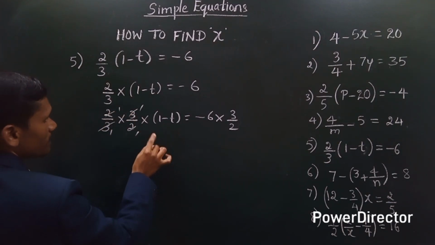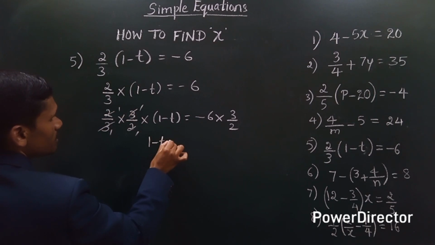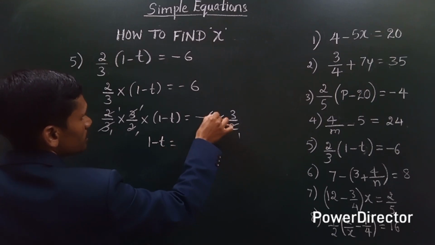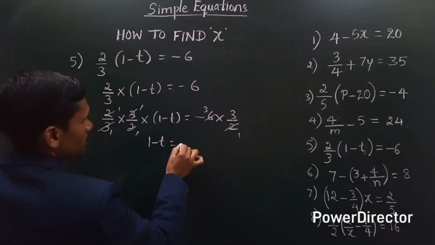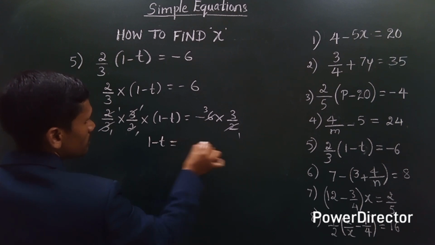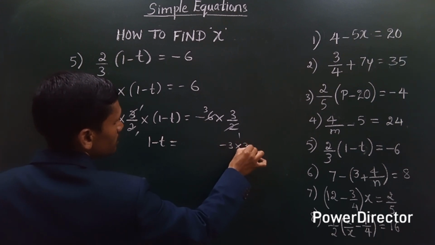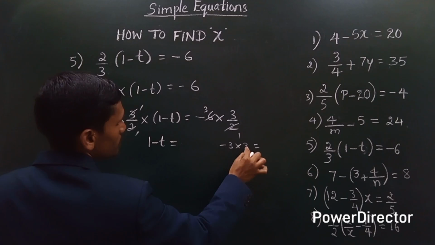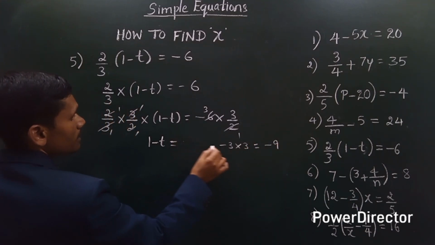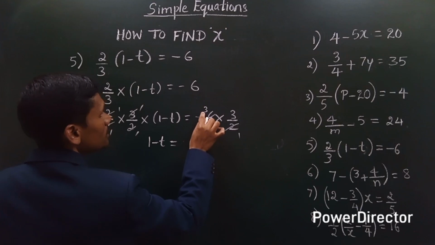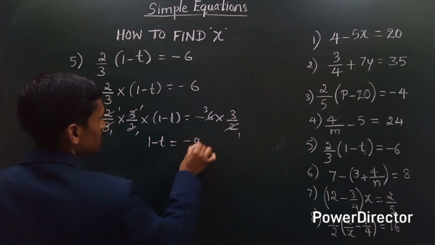What remains? On the left side 1 minus t is remaining. Here 2 ones, 2 threes. That is minus 3 into 3. Minus 3 into 3 means what? Right? 3 threes are 9. Minus into plus is minus. That is minus 9 you are getting. So what this becomes? 3 threes are minus 9.